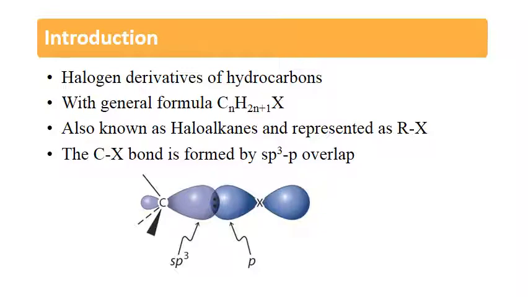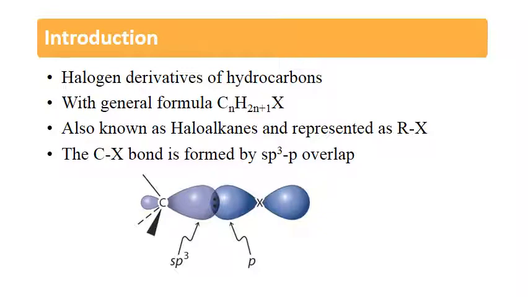The C-X bond, the carbon-halogen bond, is polar in nature. In haloalkanes, the carbon-halogen bond is formed by sp3-p overlap between the alkyl group and the halogen.